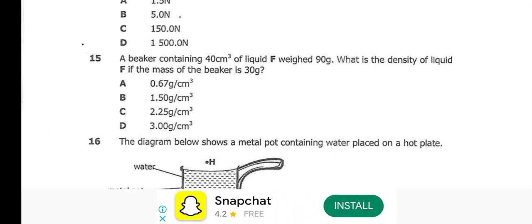So we are going to have 60 grams, and the formula for density is equal to mass per volume. So 60 divided by the volume, which is 40 centimeter cubic, and we are going to have the correct answer, which is B, 1.50 gram per centimeter cubic. So the correct answer is B.